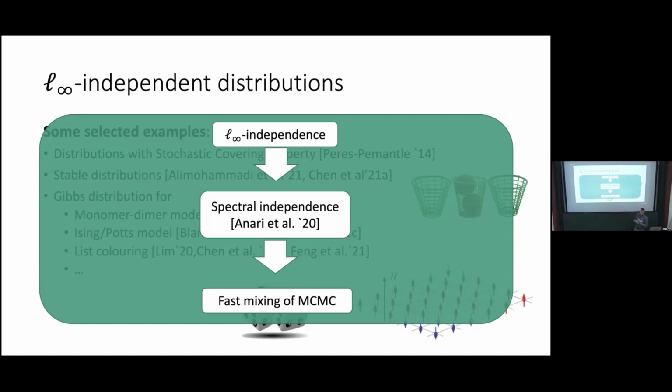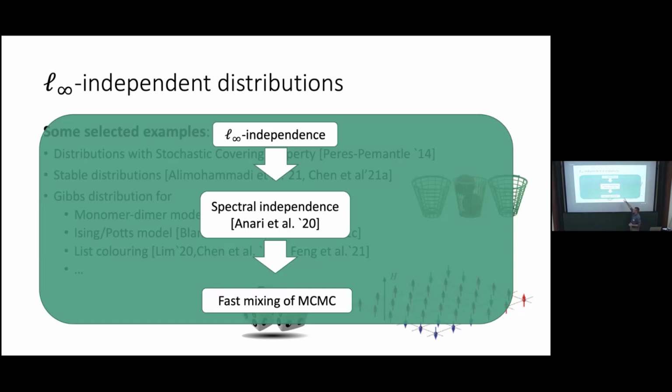And so here is why we call it L-infinity independence: spectral independence is defined as a bound on the maximum eigenvalue of a matrix, and if you consider instead of the maximum eigenvalue the infinity norm, then you obtain L-infinity independence.